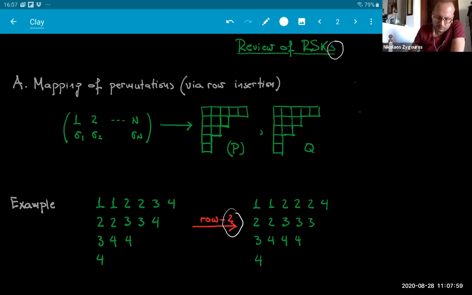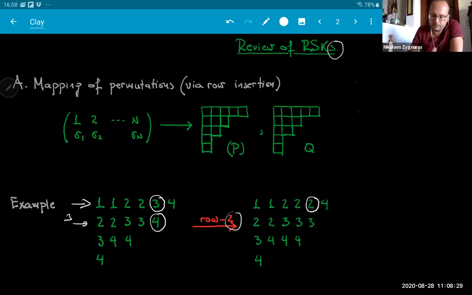So how the row insertion works. Number 2 tries to get in the first row and finds the first number which is strictly larger than itself. This is 3, and it is going to replace 3. And now 3 is going to be inserted in the next row in the same fashion. So it's going to find the first number which is strictly bigger than itself.